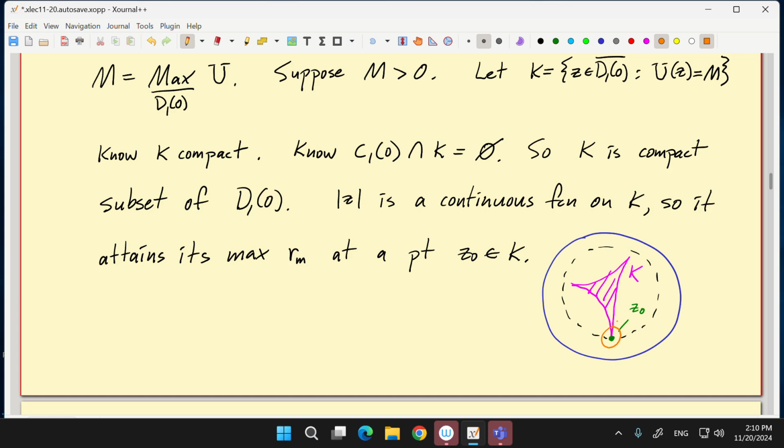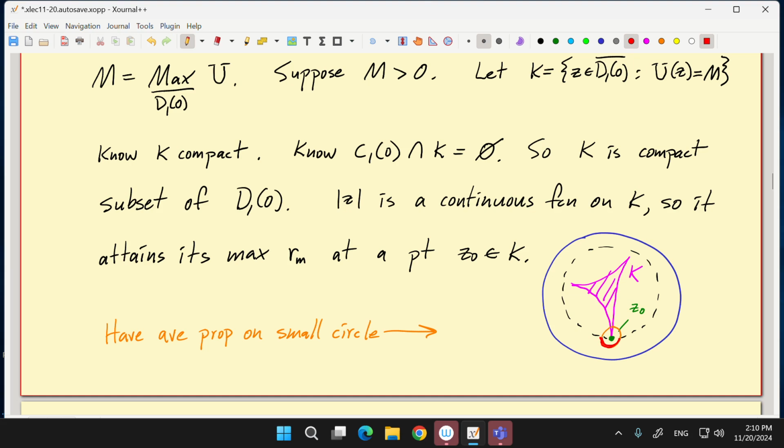But if you think about that, U is equal to m at z naught, which is the max, and on this part of the circle it is strictly less than m.